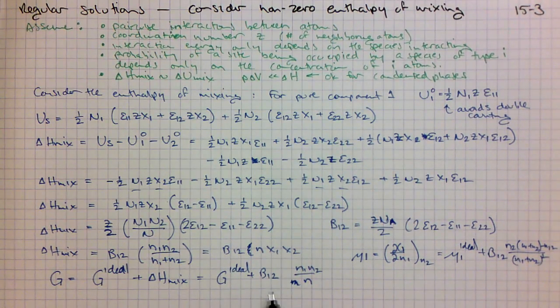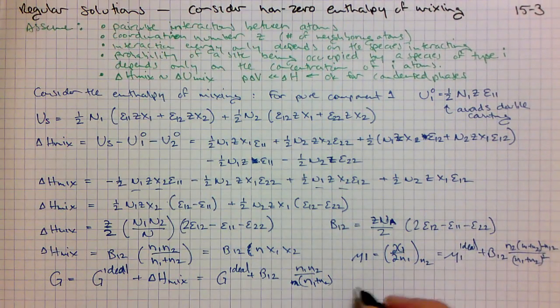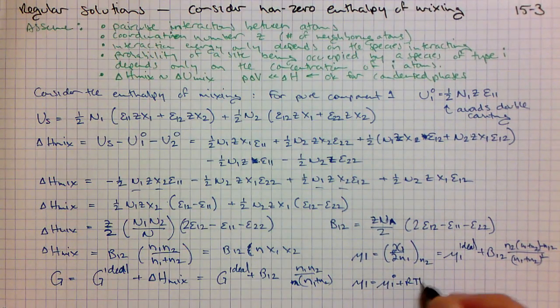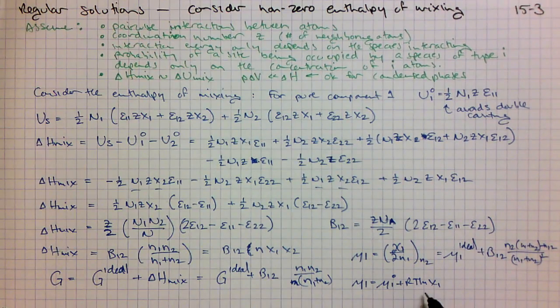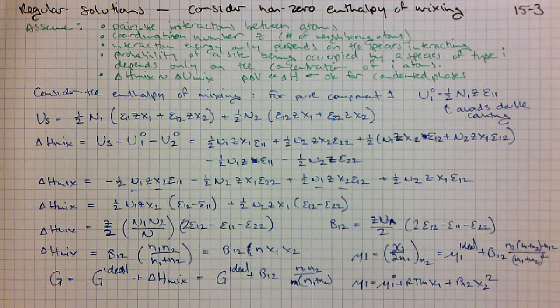So here we're just taking the derivative of this with respect to N1. Right? This is N1 plus N2 in the denominator. So we get at the end of the day mu1 is equal to mu1 0, plus RT natural log of x1, that's our ideal contribution, plus B12 times x2 squared.